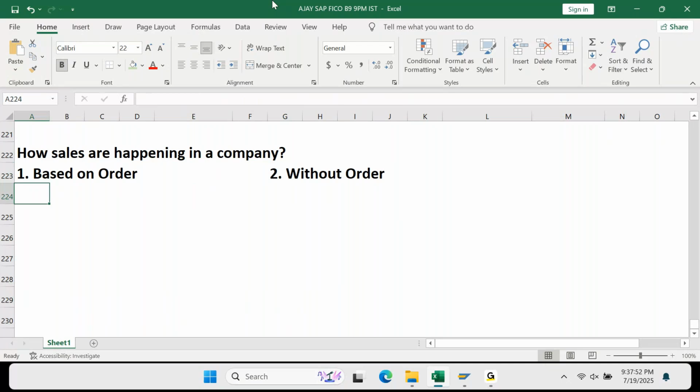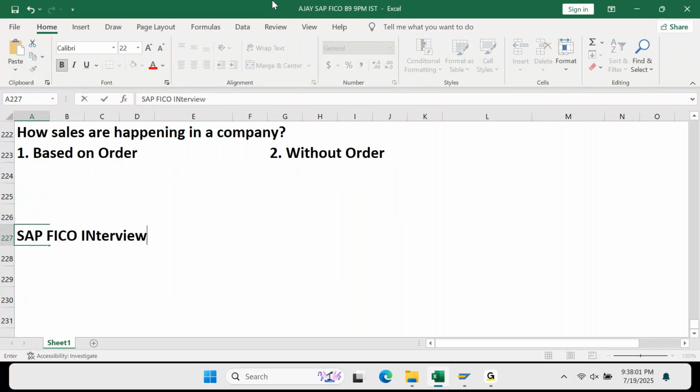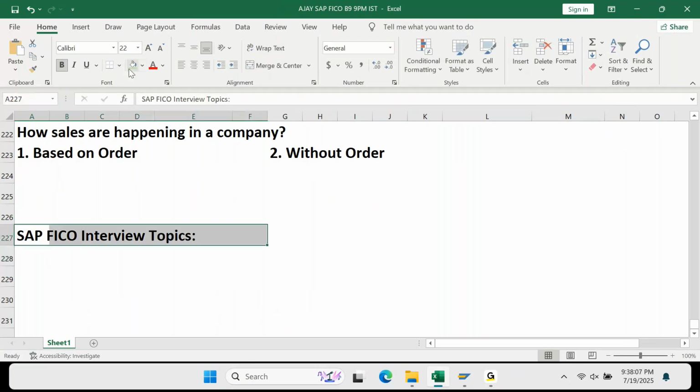Now everybody would have understood, or must be aware of something called SAP FICO interview topics. Am I right? I'm sure everybody is aware of it.